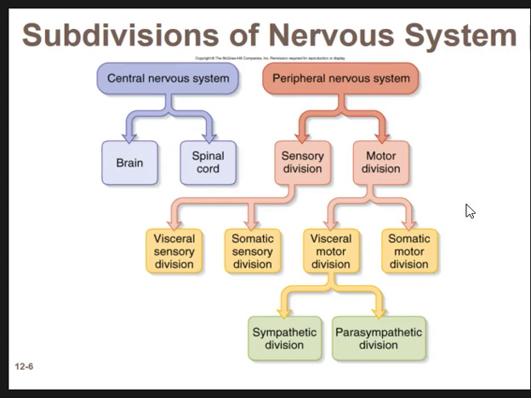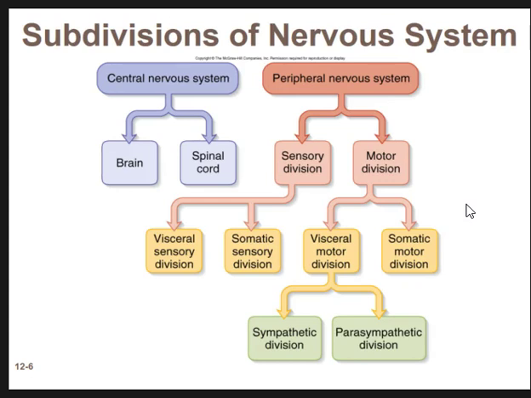Another name for the visceral motor division is the autonomic nervous system. We have a whole chapter on the autonomic nervous system, about three chapters from now, later in the semester, so we'll spend a lot of time on this. But the autonomic nervous system, which is the visceral motor division of the peripheral nervous system, has a sympathetic division and a parasympathetic division.